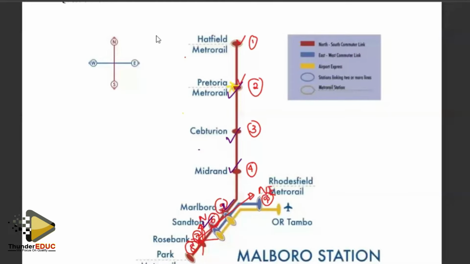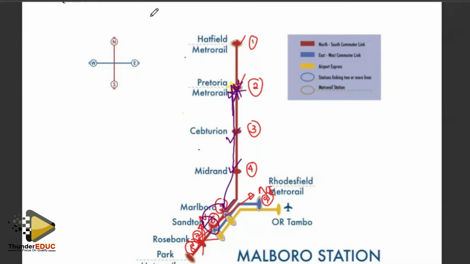We shall not count Pretoria because he is leaving. How many stops does he make? He makes 4. We can't count Pretoria, because he is leaving, he is not stopping. He stops here. He stops there. He stops at Marlborough. Then eventually that is his place.